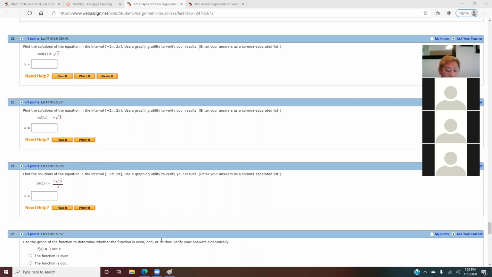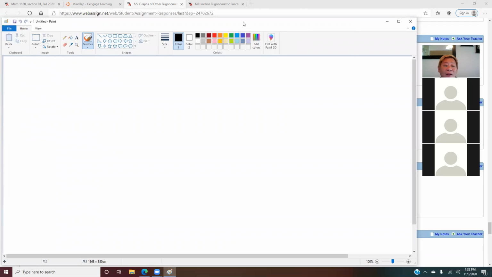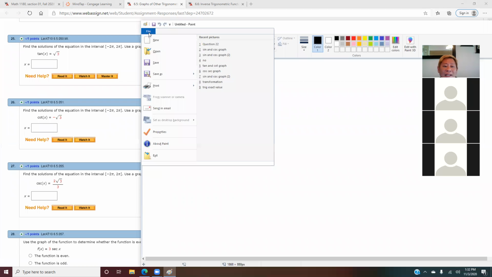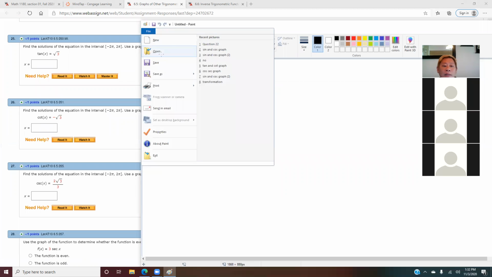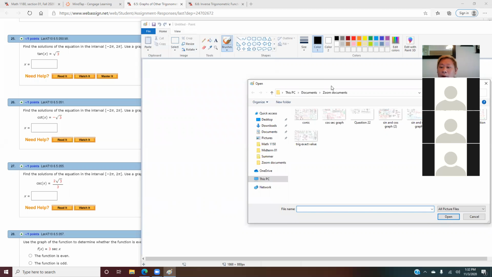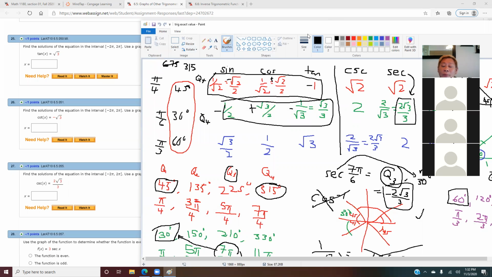So in order for us to do this, the first thing you need to know here is the special exact value. Back in 6.2, we talked about the trig exact values. There you go. This trig exact value will be used for this kind of 25, 26, and 27.